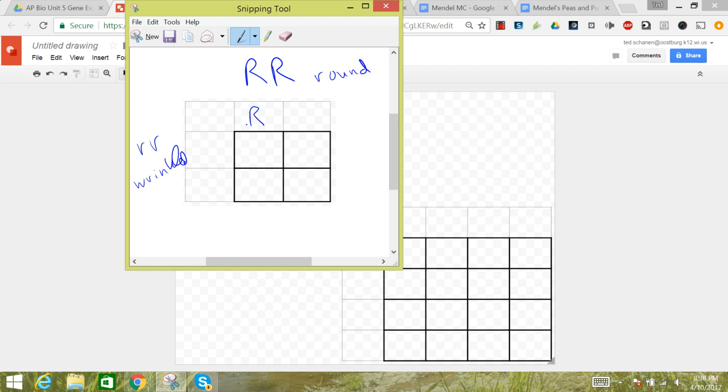So it could pass on this chromosome or this chromosome. This one could pass on this or this. And these are possible gametes, and these would be all of the different possible zygotes that could result from fertilization.